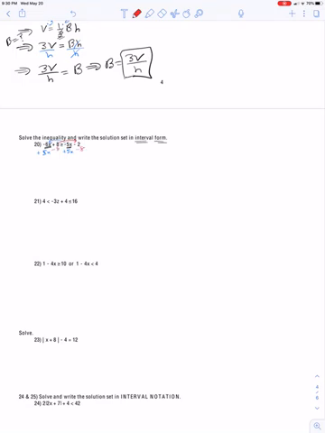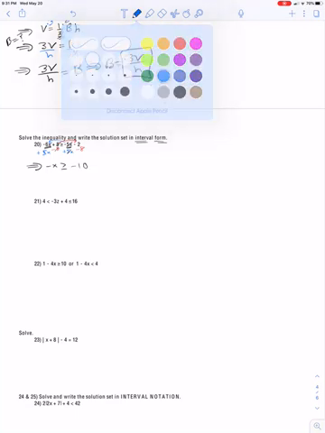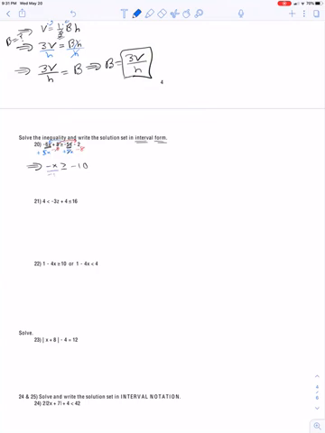So I'll subtract 8 on both sides. Rearranging my terms, negative 6x plus 5x is negative x. And as we're solving for x, greater than or equal to, with the x terms eliminated, we get negative 10. Then as we solve for x, we're going to divide out our coefficient, which is negative 1.